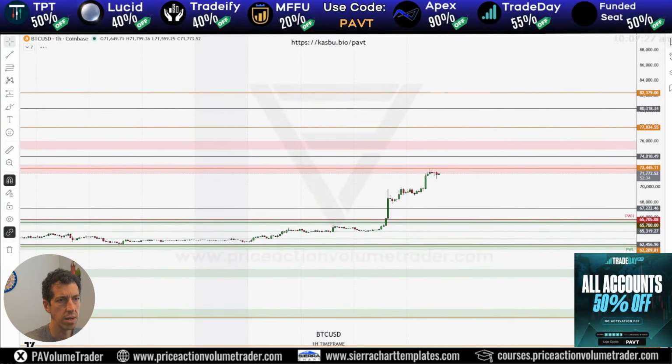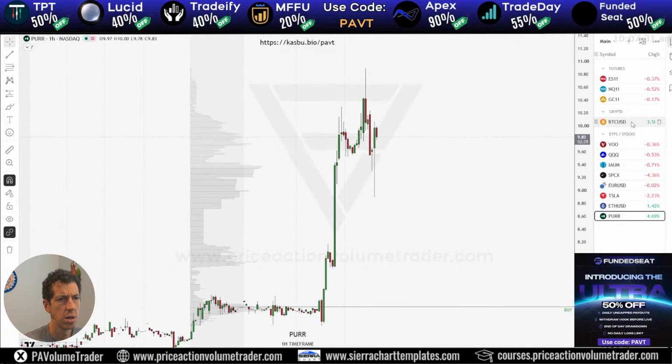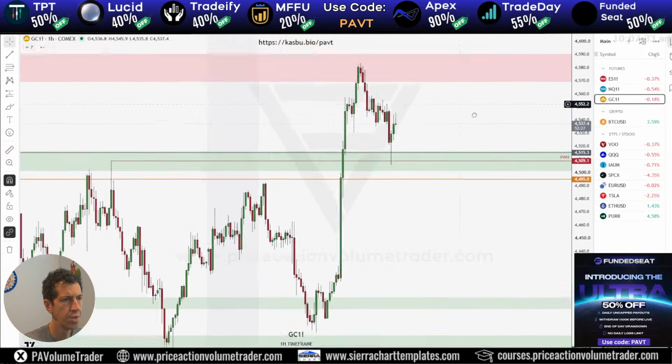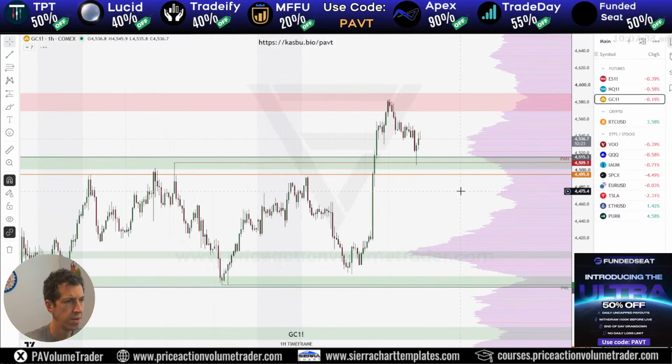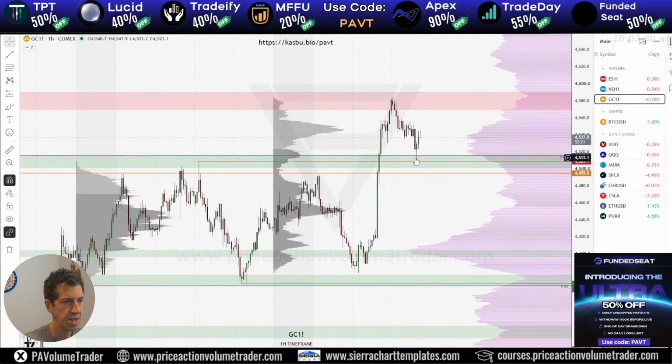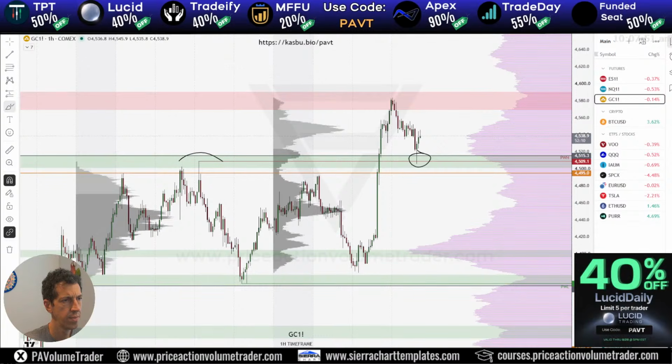Let's look at gold, which had a very nice move yesterday. You can see right here, very nice pullback right into the high from last week, and so far holding.